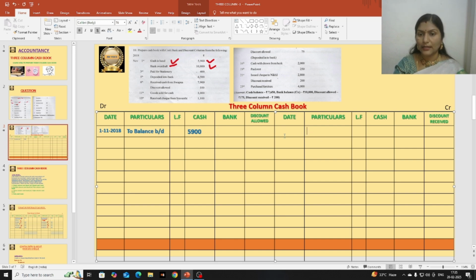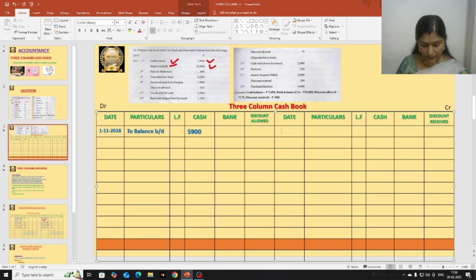Okay, let us record it on the credit side. Credit side means this side, you can watch there, the right side. See, the first transaction, the November 1st transaction, cash in hand, we recorded on the debit side, but bank overdraft we are going to write on the credit side.